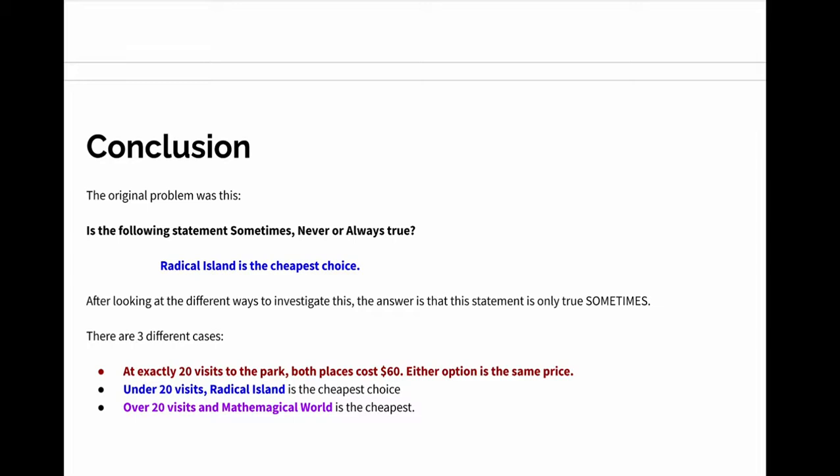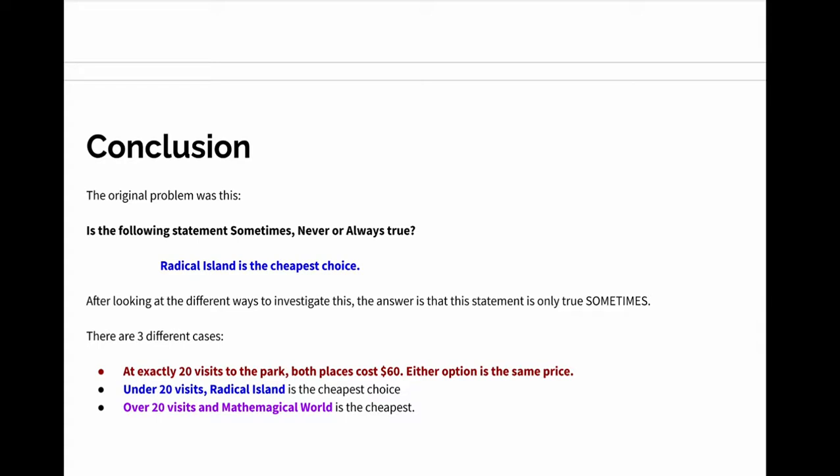And again, there were 3 different cases that we came across, or 3 different scenarios or situations. One was that at exactly 20 visits to the park, both places cost $60. So basically, either option you choose, either park, it's the same price. The next scenario or case was that if you have under 20 visits, Radical Island is the cheapest choice. Again, that goes back to the fact that it doesn't have a constant. It didn't have an admission fee.